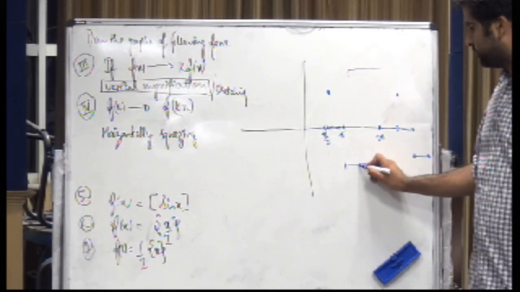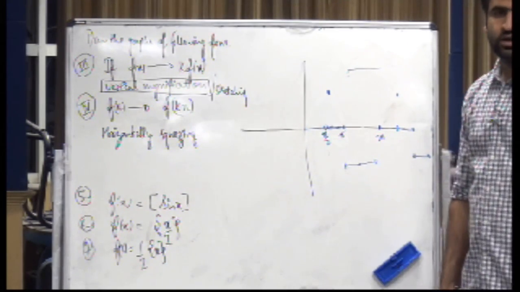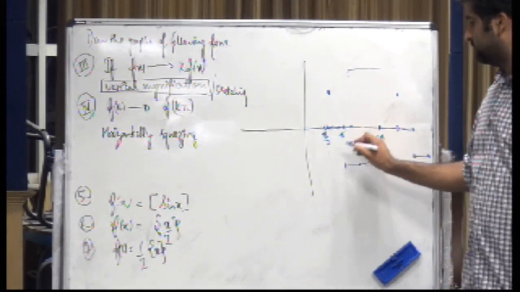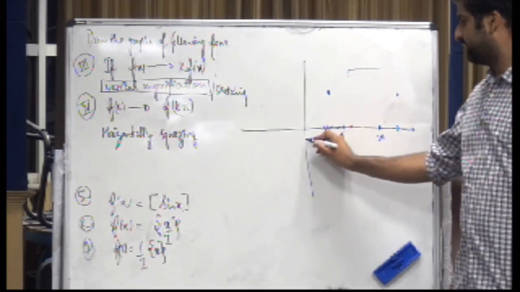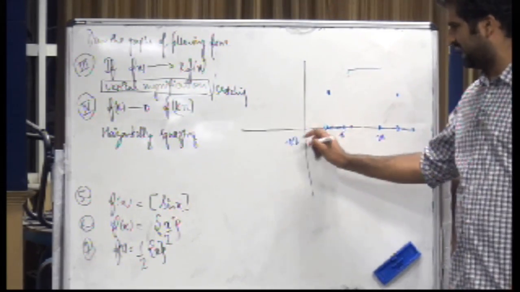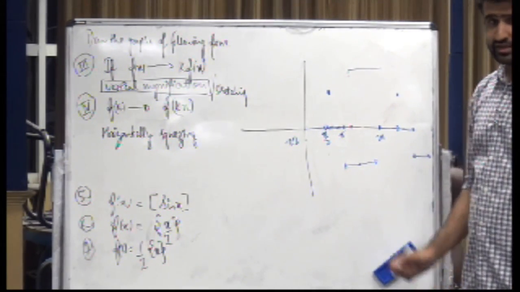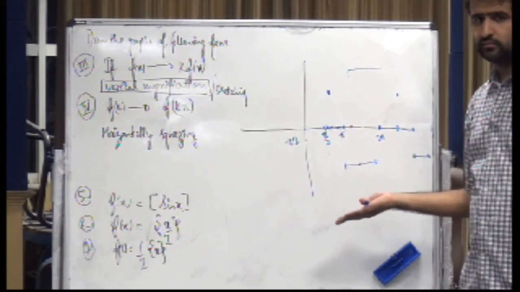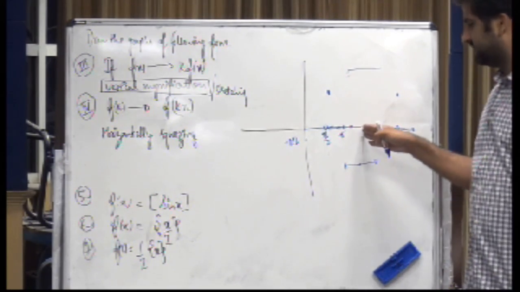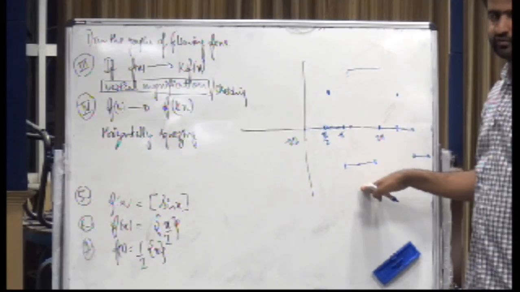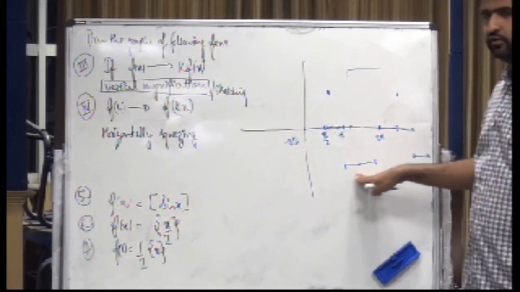Yes, at 3 pi by 2 it will be -1. If I take a value like this and I'm getting minus 0.2, the greatest integer function of minus 0.2 is -1. The greatest integer function of -1 is also -1. So for all these negative values, I am getting -1.